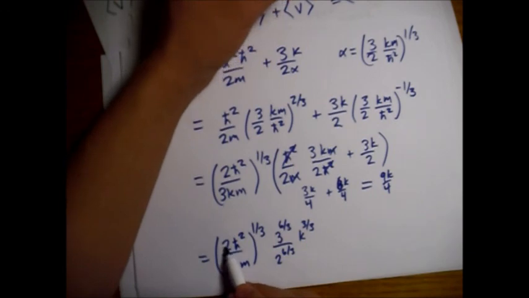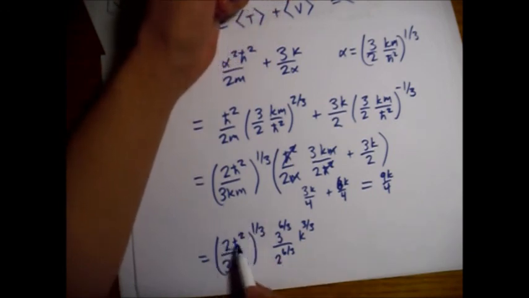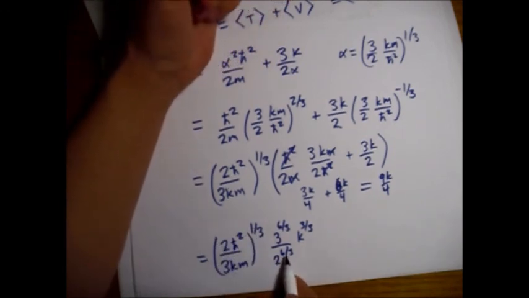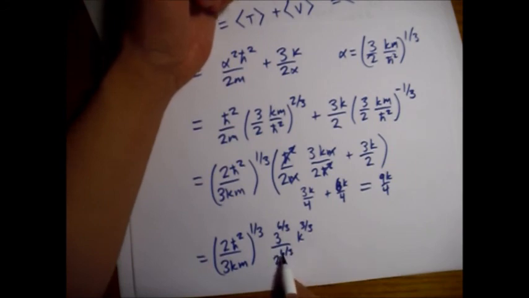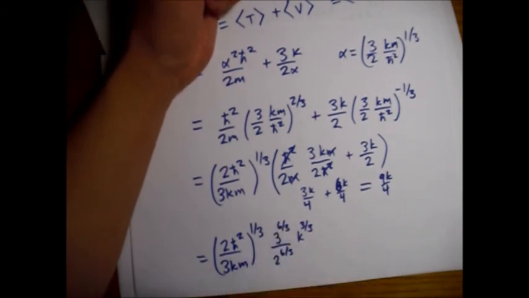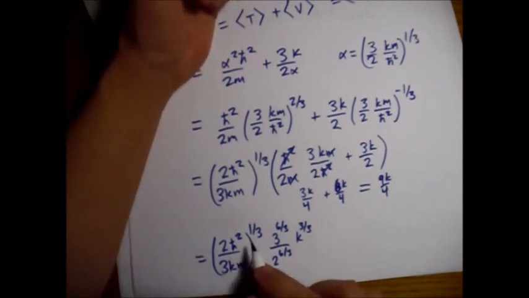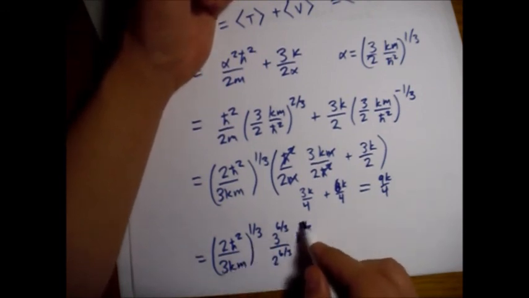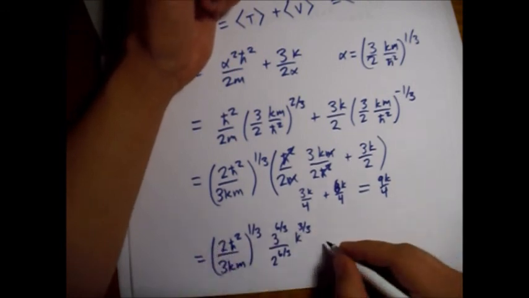Then this 2 to the 1/3 power is going to cancel with one of those 1/3 powers of 2. And this 3 is going to cancel with one of those. And then this k on the bottom to the 1/3 will leave a k to the 2/3 up top, and then we're going to bring that in here.